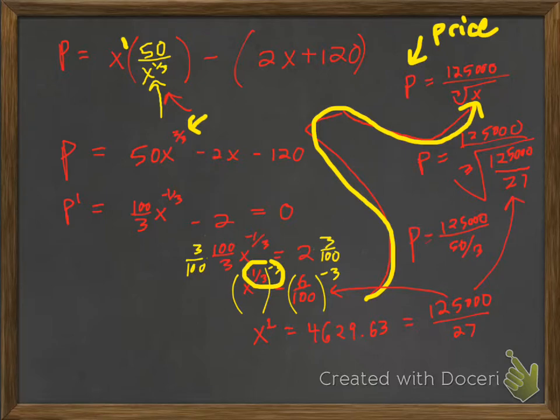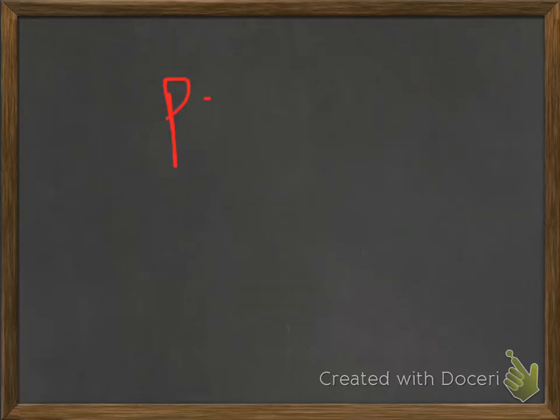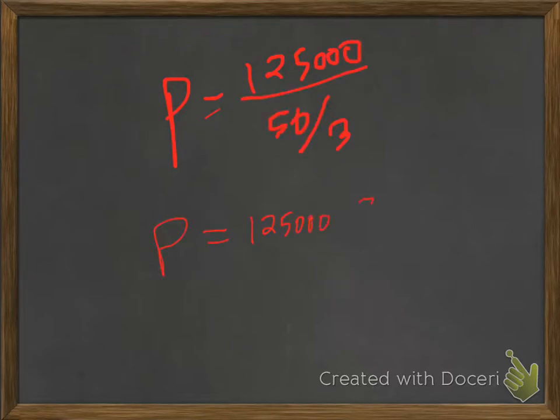And that's nice. I'm almost ready. Price is 125,000 over 50 divided by 3. I could use a calculator at this point, but I know I can multiply by the reciprocal, 3/50ths, and I get $7,500. That is the price that will maximize my profits.